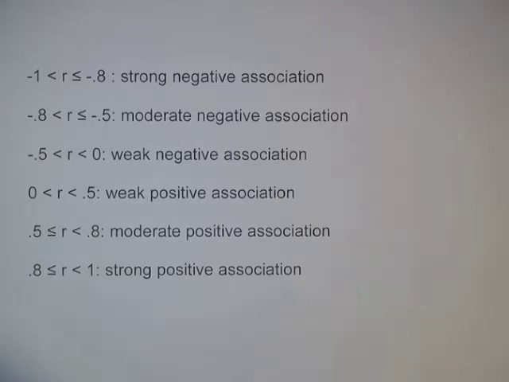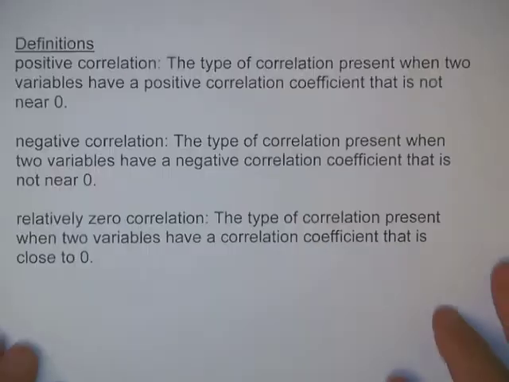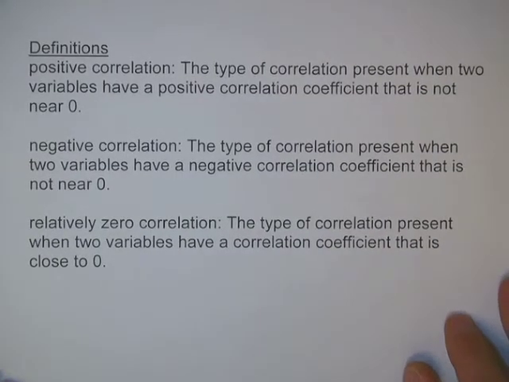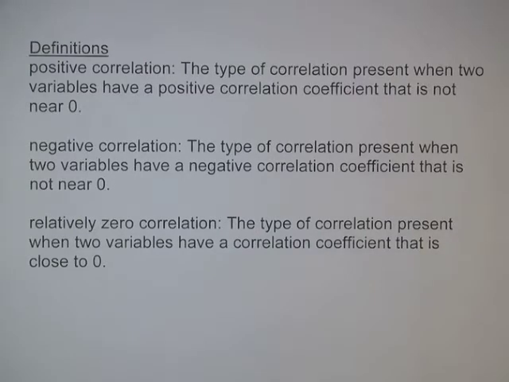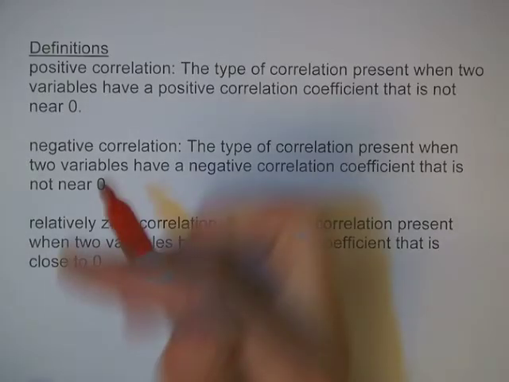a perfect negative association. Just to make sure we have a good definition of positive and negative correlation: positive correlation is the type of correlation present when two variables have a positive correlation coefficient that is not near 0. Negative correlation is the type of correlation present when the two variables have a negative correlation coefficient that is not near 0.